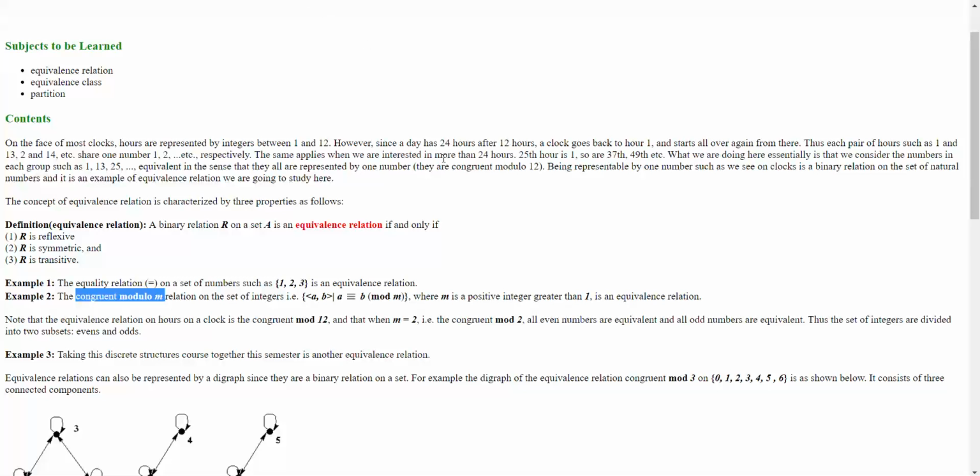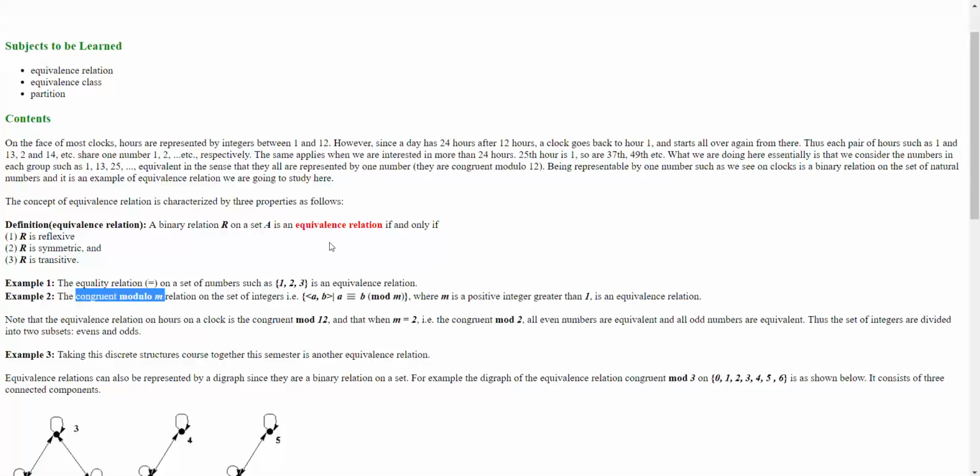Well, apparently we're getting the hang of this. So an equivalence relation is basically a relation that connects two elements together, A and B, and which satisfies three main properties: reflexivity, symmetry, and of course transitivity.